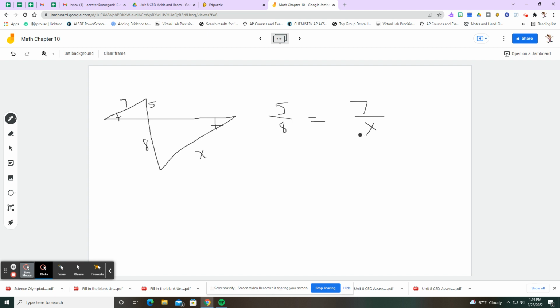The way I'm going to find x is I'm going to cross multiply and divide because I made a proportion. So that's 5x equals 56. So x is equal to 11.2. Okay. So this side over here is 11.2.